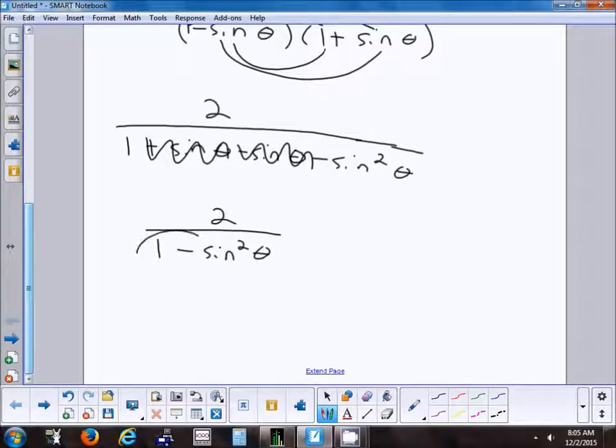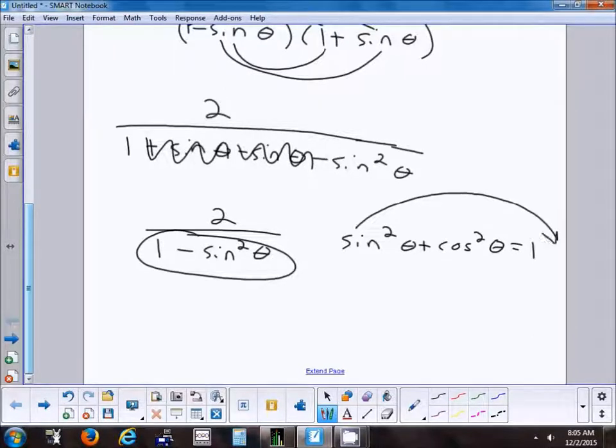Right, last thing we have to do is look at this bottom, and we have to recognize that as a trig identity rewritten. So we learned this trig identity, sine squared theta plus cosine squared theta equals 1. That's what we have in the bottom, just rewritten a little bit. I'm going to minus sine squared. Watch what happens when I rewrite this identity.